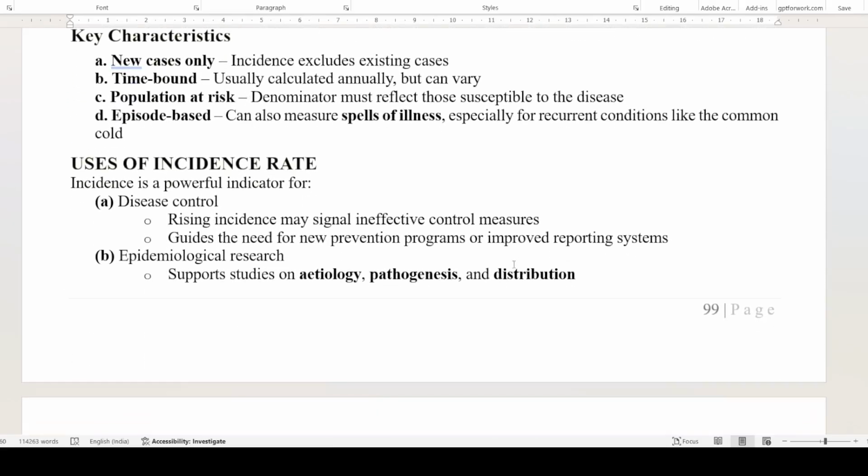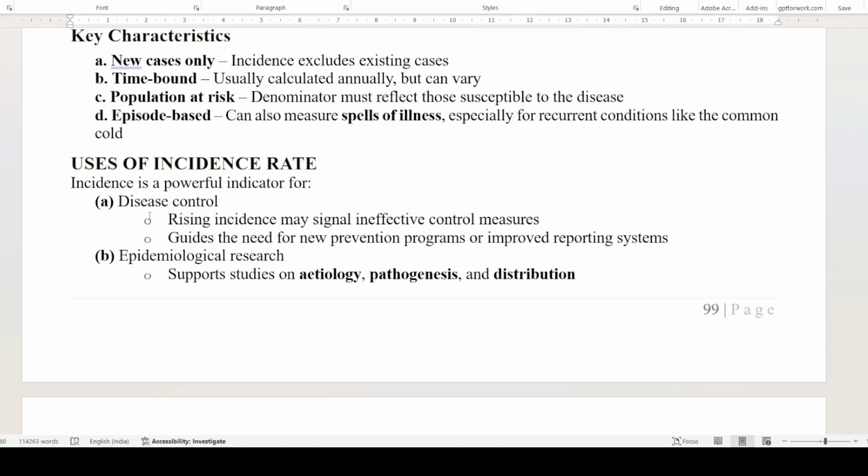So characteristics of this incidence is that new cases are seen, it's a time bound characteristic feature. The population at risk is taken into consideration, and it is also episodic based, right? So we are measuring spells of illness in a particular period of time.